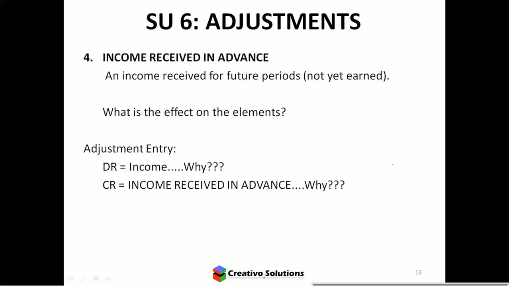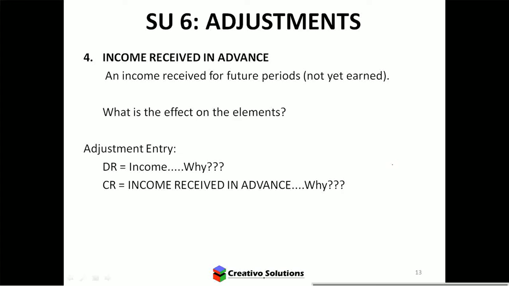Next one. Income received in advance. What happens here? A client paid us in advance. Perfect. So how would you describe that? As an obligation, as a resource? Obligation. Why?